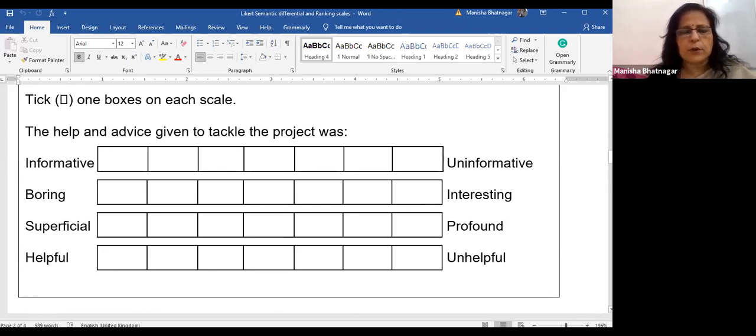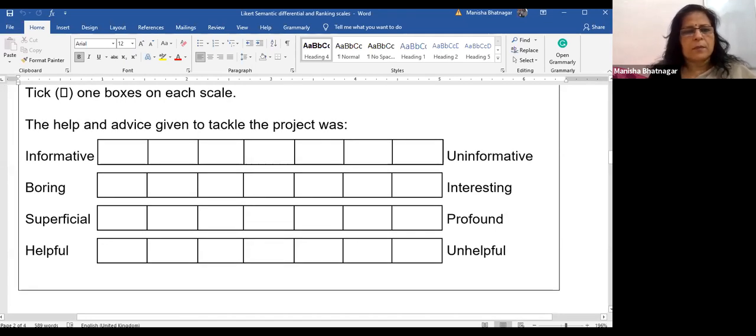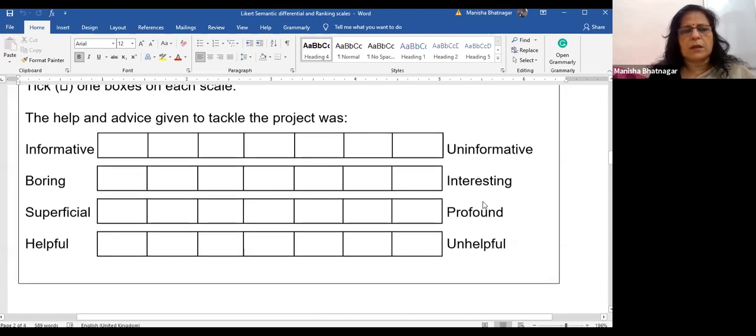These are bipolar opposites, helpful or unhelpful. So this way, semantic scales can be made, and a person puts the number here, and he can tick here, and you can put a number 0 here, 1, 2, 3, 4, 5, 6, and so on.